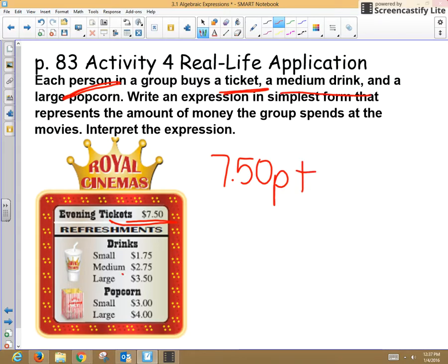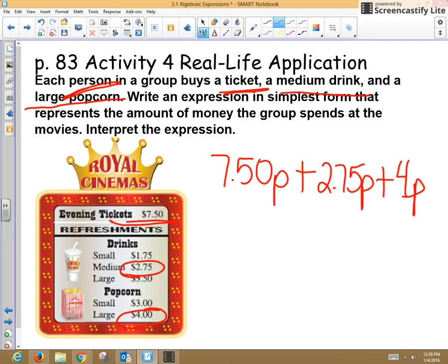And if you look at the chart, medium drink is $2.75. And every person buys one of the drinks. So I'm going to multiply that times P as well. P represents the person. And the last thing each person buys is a large popcorn. And a large popcorn is $4. So I'm going to write plus $4 per person.